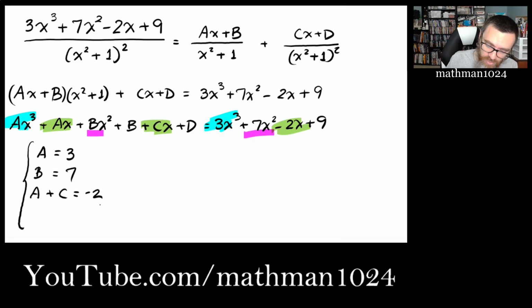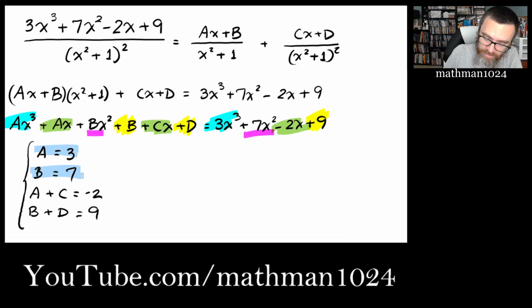And then the last one is going to be b and d. They're not connected to any x. So these are the constant pieces, and that's going to connect with the 9 that we have over there. So it means that b plus d equals 9. All right, make your life easy. So we already have a is 3, b is 7.